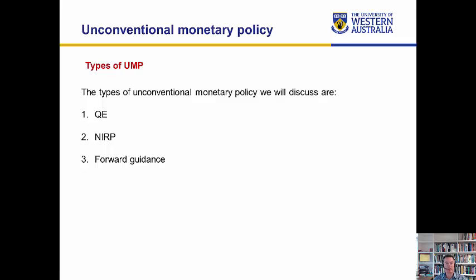Really, for negative interest rate policy and forward guidance, just understanding what they are is enough for this course, and a little bit of understanding about how they're likely to stimulate economic activity. So a definition of each of 2 and 3 and how they are likely to affect economic activity. With QE1, you need to understand that in more detail.